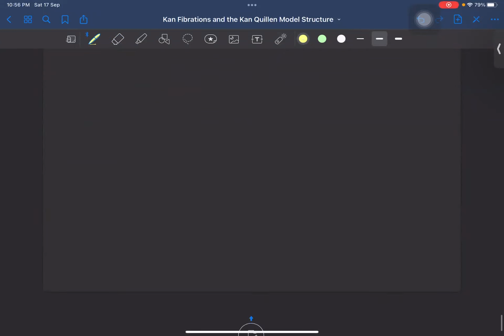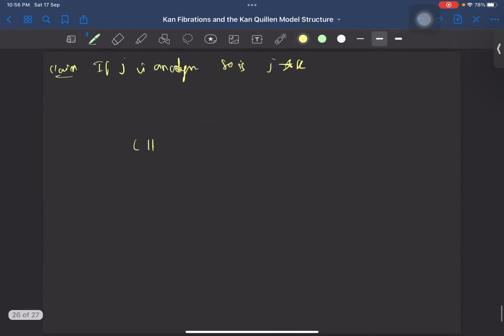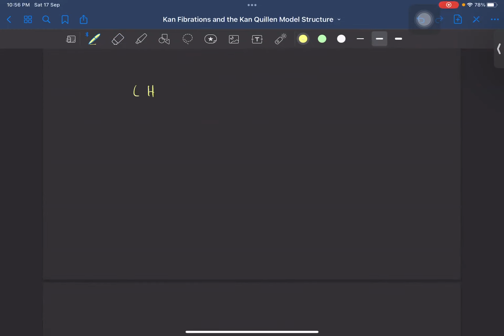Now, a very important consequence of the previous theorem is the covering homotopy extension property, CHEP, for fibrations. Let me state this.